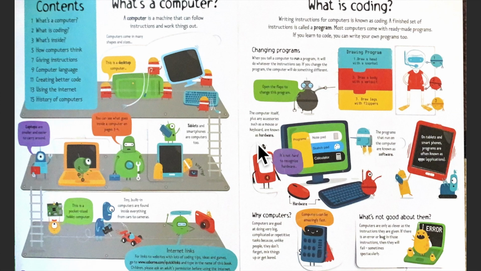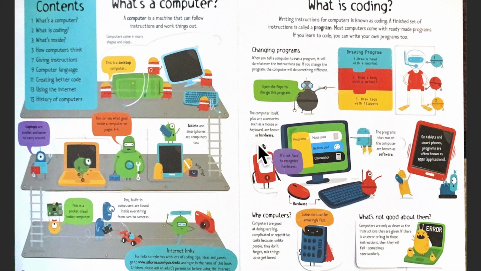You cannot touch or feel software. Software is programs that you load into the computer's memory, right? On tablets and smartphones, programs are known as apps, and I'm sure many of you have apps. You use all kinds of apps, right? You use YouTube, which is an app. You use games, lots of games that you play. All of those are apps, and those are software, and they are also programs. They all fall in the same category.